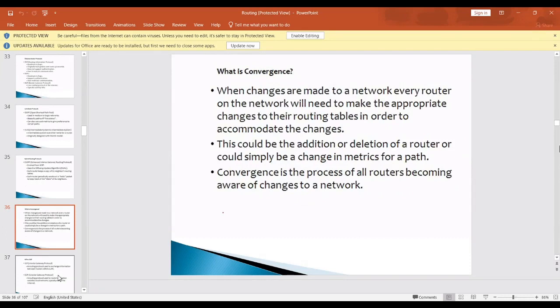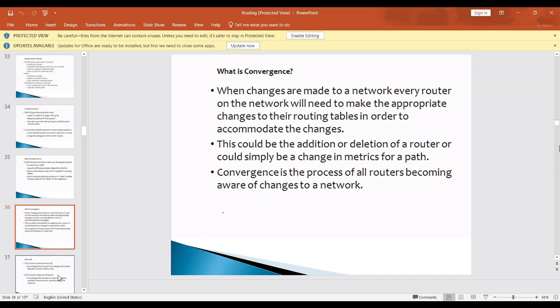And we come to a very important topic, that is convergence. When we are discussing routers, we found that some routers update their routing table information on a regular basis. Some routers initially map the entire network, and then whenever a change occurs, only then do they update their routing tables.